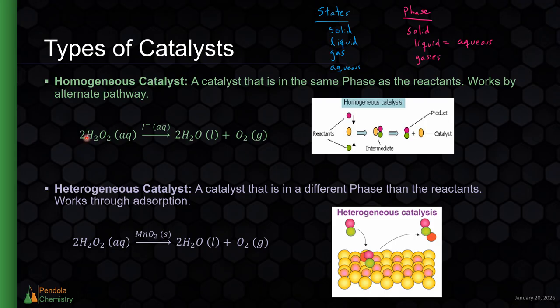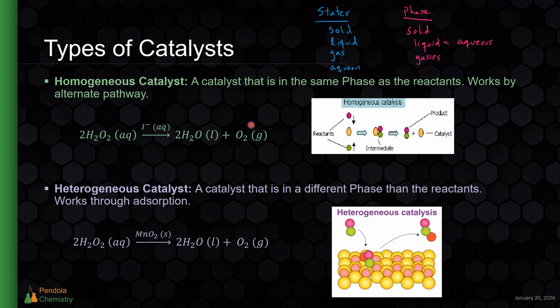So, a perfect example of a reaction that can actually have a bunch of different catalysts is the decomposition of hydrogen peroxide. Hydrogen peroxide, when left alone in sunlight, will decompose very slowly to water and oxygen. So the hydrogen peroxide slowly turns into water and releases oxygen gas.